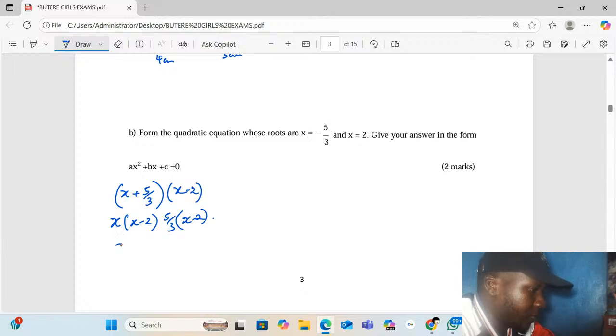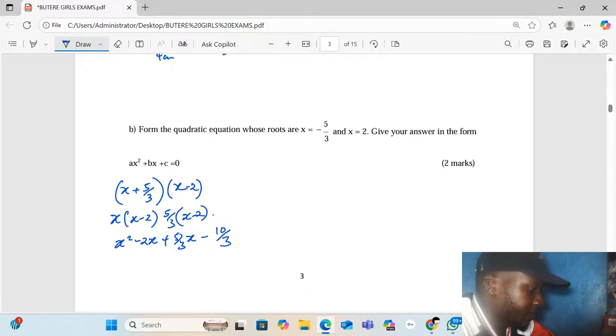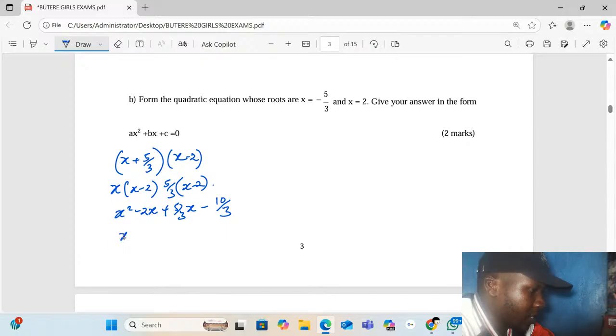Then you open up, so you shall have x squared minus 2x plus 5 over 3 x minus 10 over 3. So x squared minus a third x minus 10 over 3.